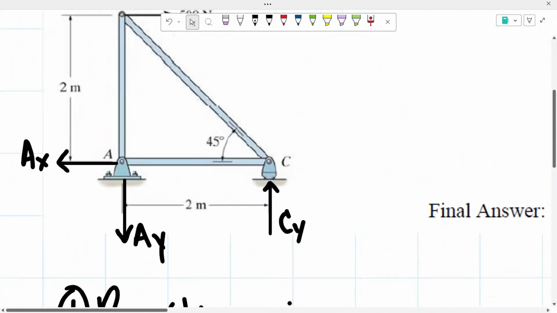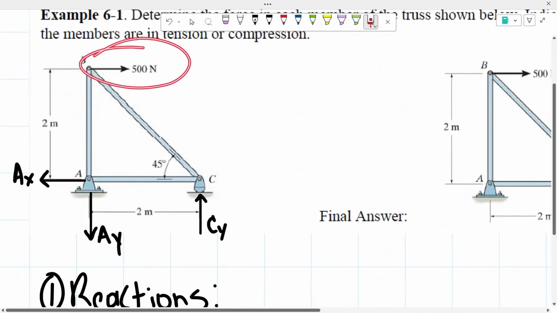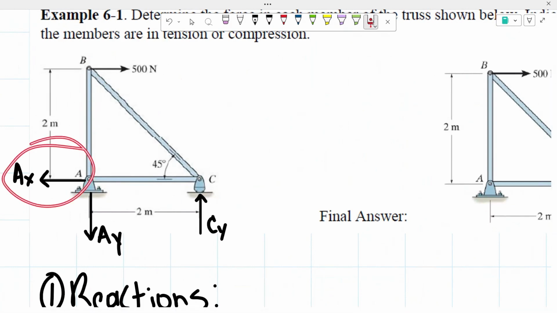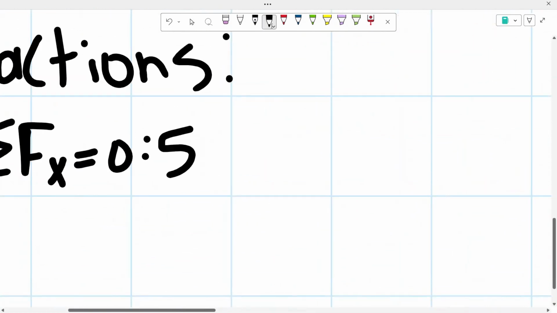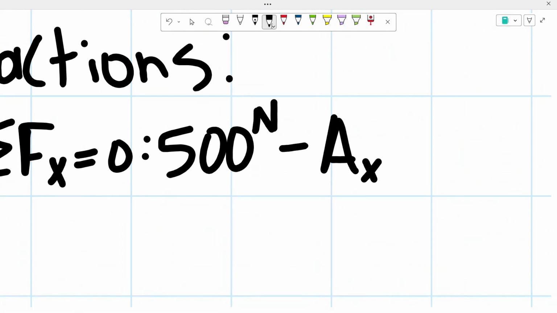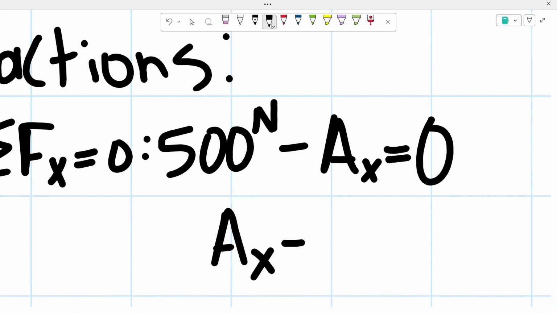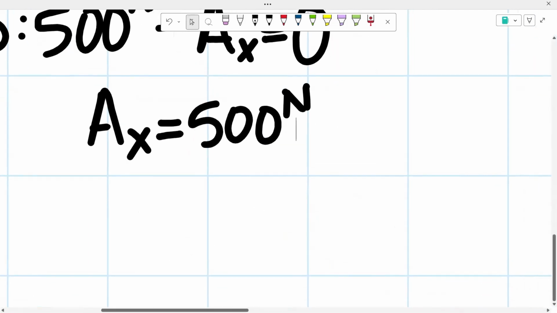Here we only have the 500 newtons that's going to the right, and then we assumed that our A of x is going to the left. So we have positive 500 newtons minus A of x, since we assumed that reaction would be going to the left, and that has to equal 0. We end up getting that A of x is equal to 500 newtons. Since we got a positive number, that means we assumed correctly, so we know that reaction is going to the left.